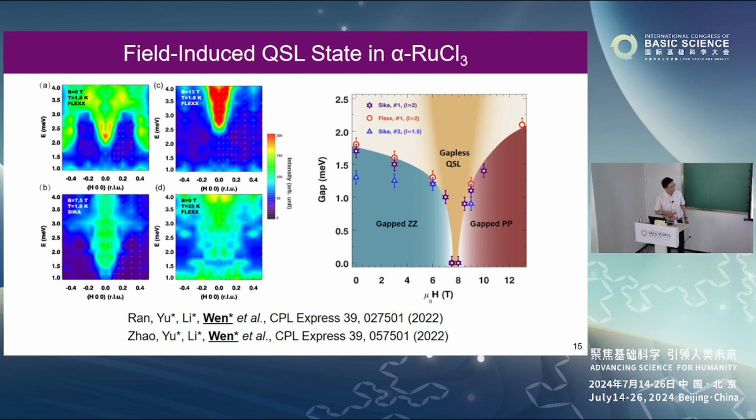But here the field is not strong enough, so you only partially polarize the system. At the intermediate range, you have this gapped quantum liquid state. We draw this conclusion by looking at this spectrum.